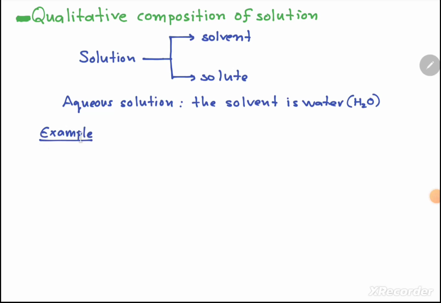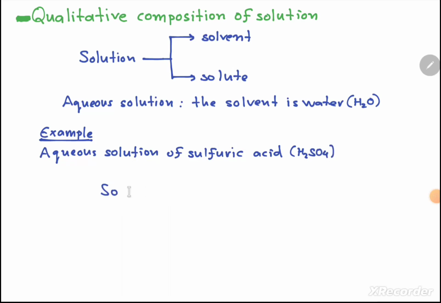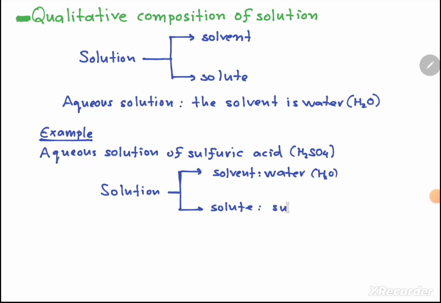If we have a solution, we must know what its components are. An aqueous solution of sulfuric acid has the components: the solvent is water and the solute is sulfuric acid.